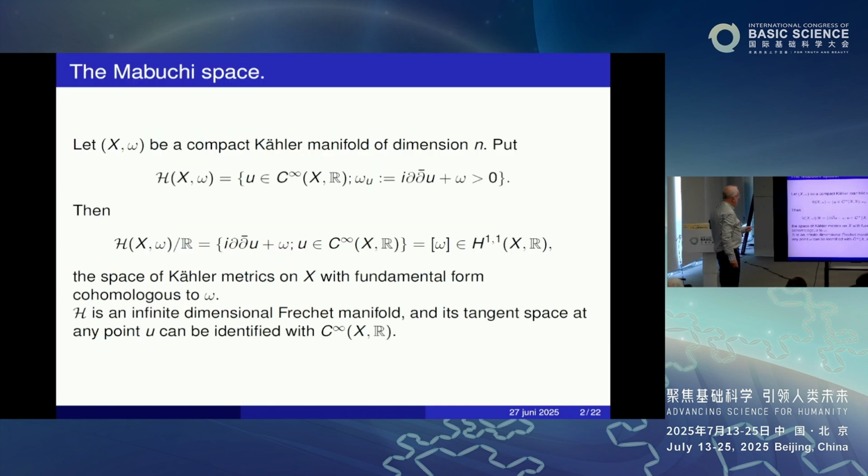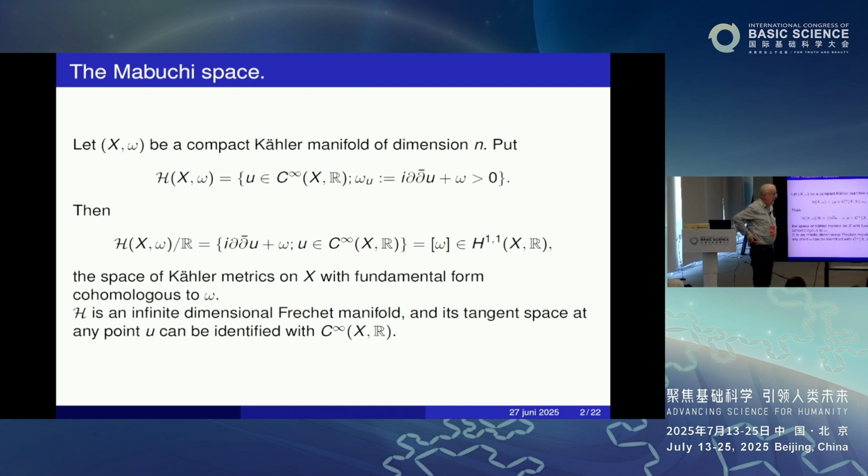So we have a compact Kähler manifold (X, ω) of dimension n. And then the so-called Mabuchi space, which has already been discussed in several lectures before, is H(X, ω). It's a space of all functions u in C infinity such that if you form a new Kähler form by taking the original one and adding i ∂∂̄ u to that, you still get a positive form.